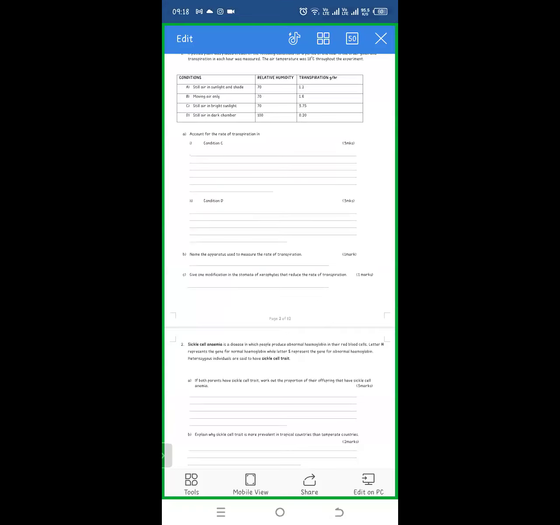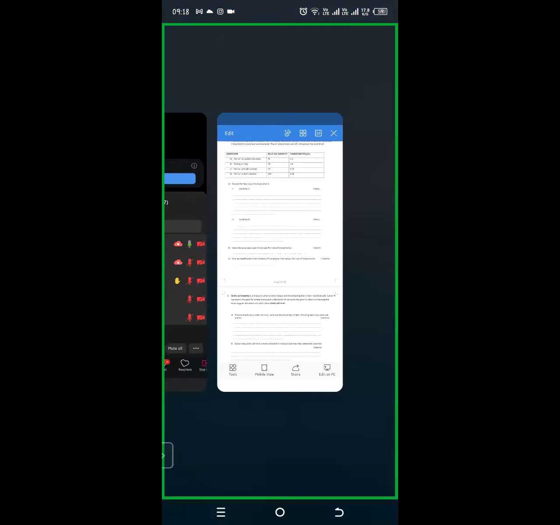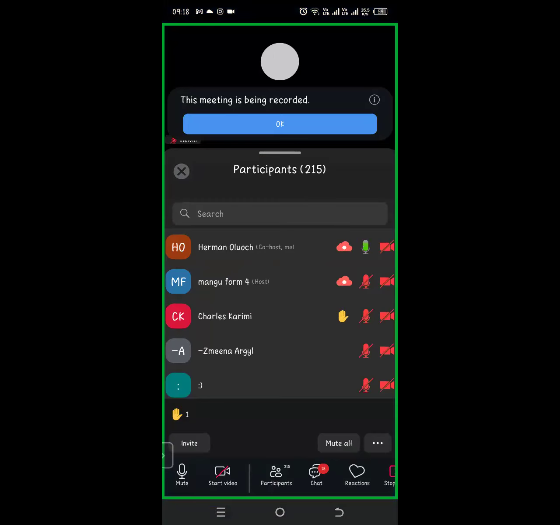I do believe we also need to understand the precautions that we need to take while using that apparatus. So which precautions are we supposed to take when using a potometer? Can I see responses for that? Yes, I can see Charles has raised his hand.